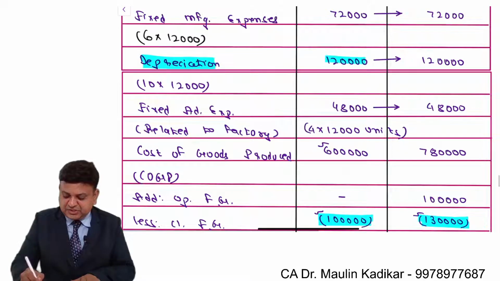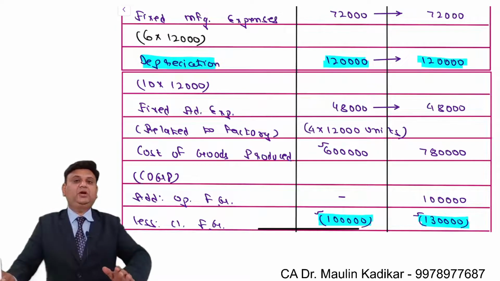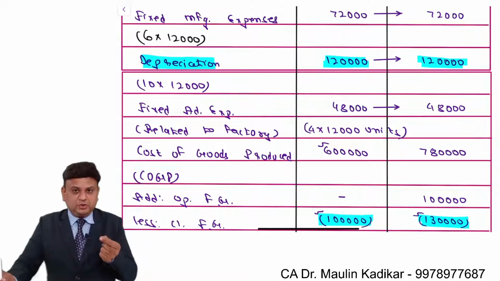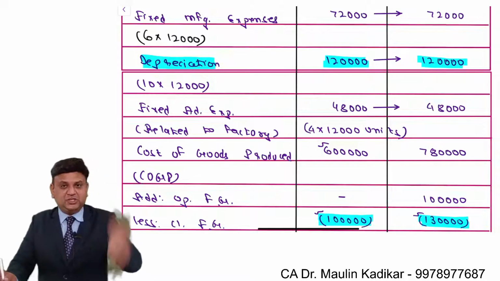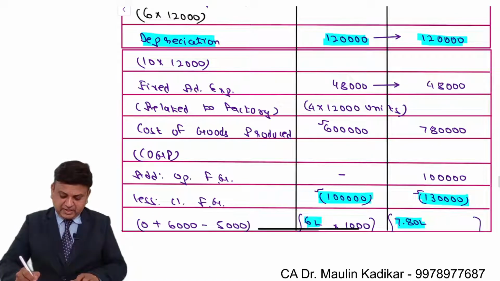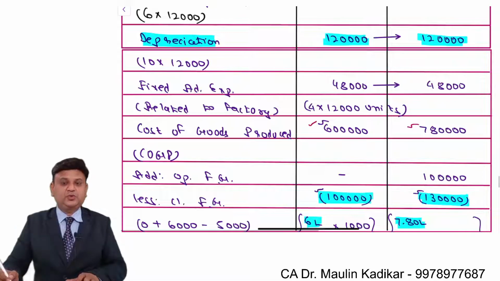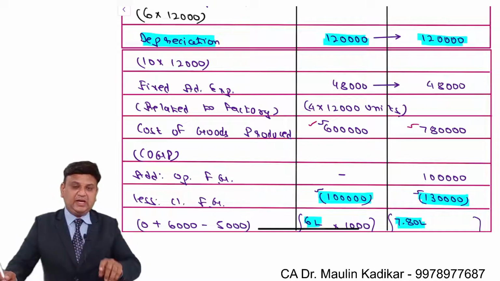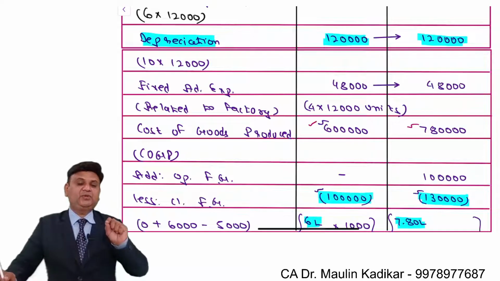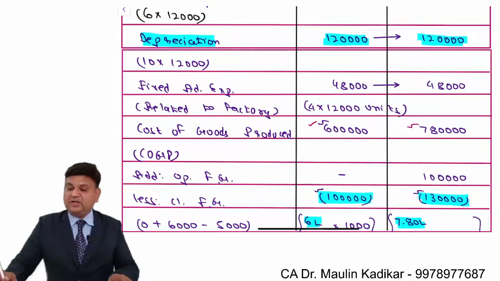And depreciation is a non-cash item. So whatever valuation you have done for the finished goods based on the cost of goods produced, which includes depreciation, is wrong. So you are required to do revaluation, in a way that the cost of goods produced will be calculated once again without including depreciation. That is what we understand as the cash cost valuation. This is the way the finished goods are required to be valued.